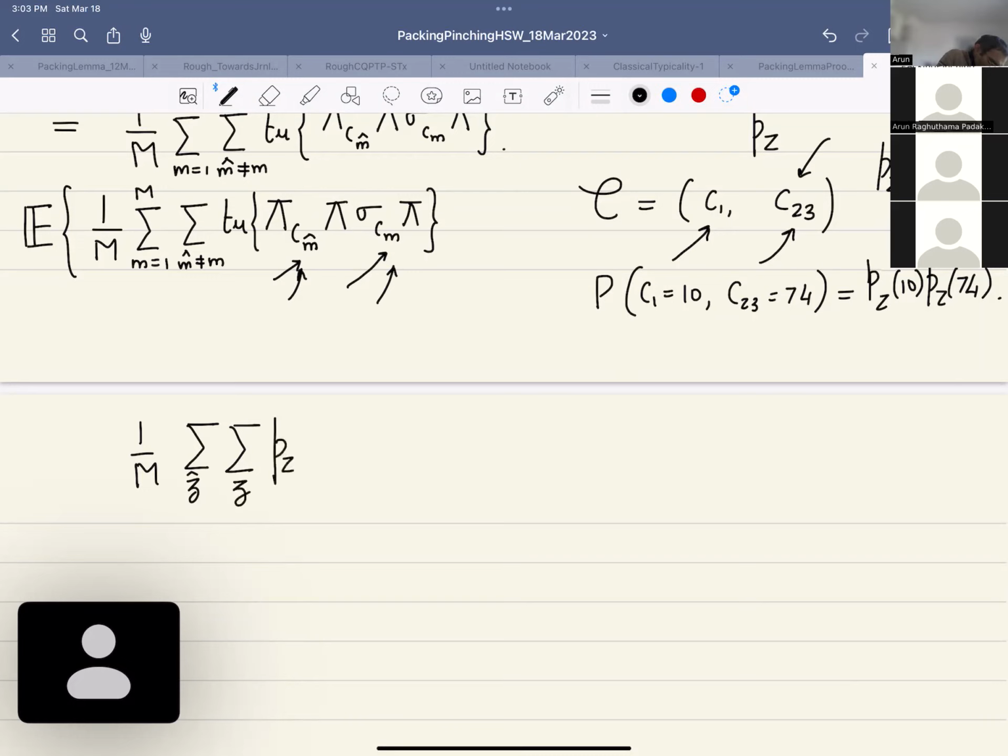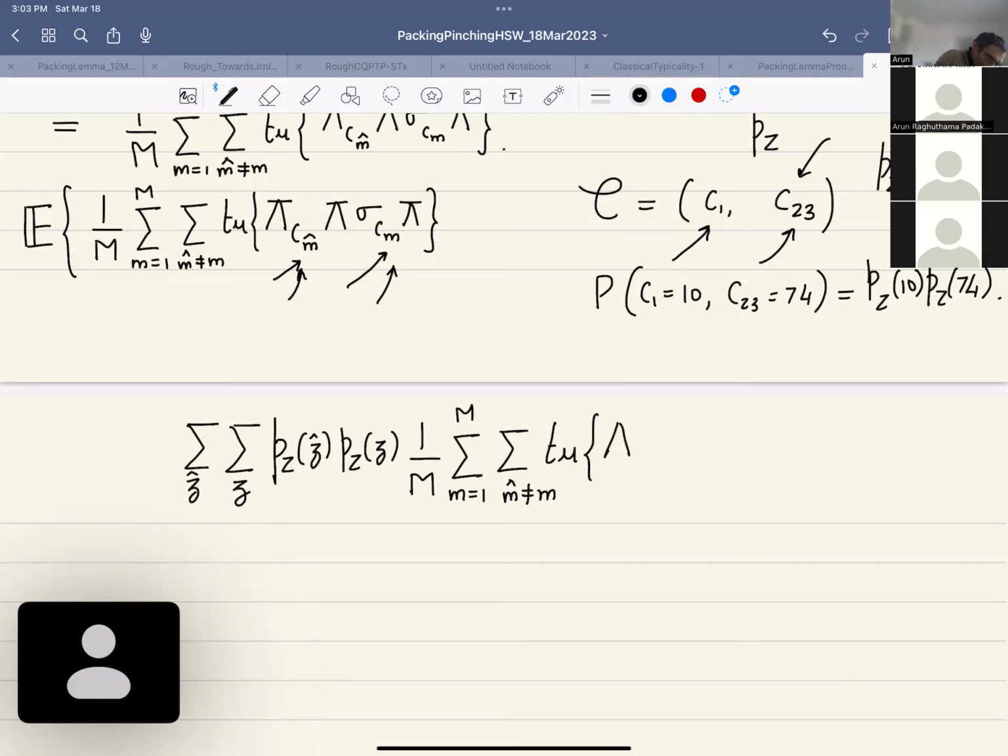So PZ of Z hat, PZ of Z. So I should be writing it like this: trace pi CM hat is Z hat, pi sigma Z pi.